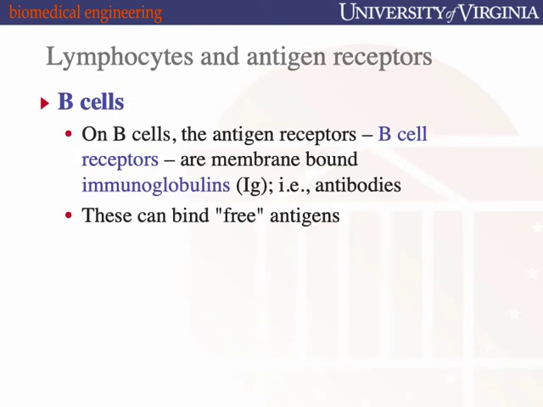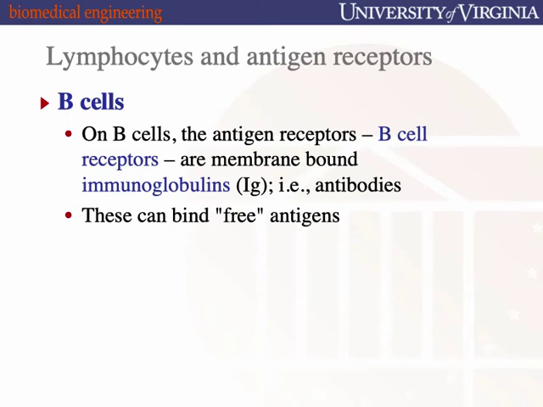All right. So as we mentioned, on B cells, the antigen receptor is known as the B cell receptor. These are membrane-bound antibodies or membrane-bound immunoglobulins, i.e. antibodies. The major distinction between B cell receptors or membrane-bound immunoglobulins on B cells is that they can bind free antigens, okay?